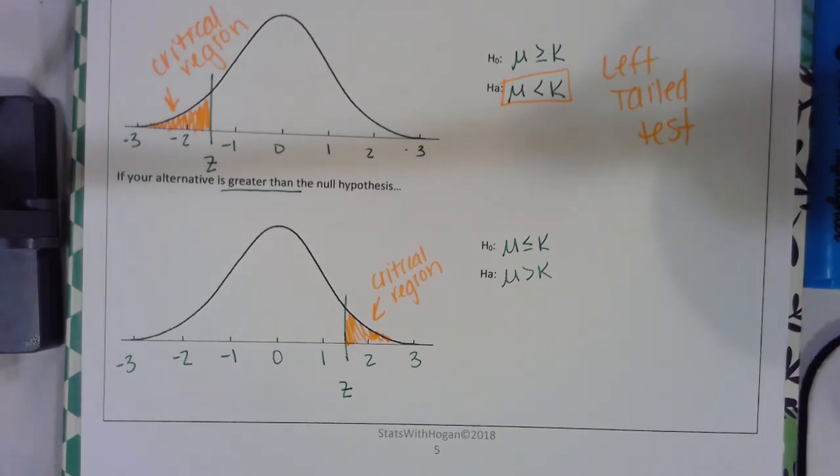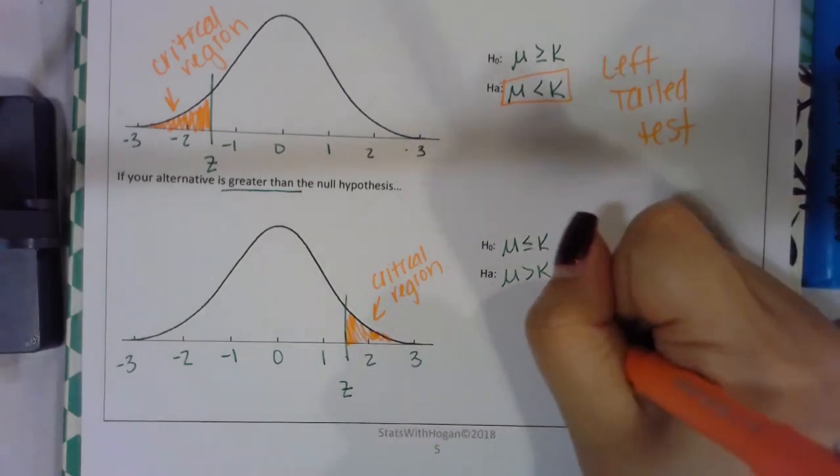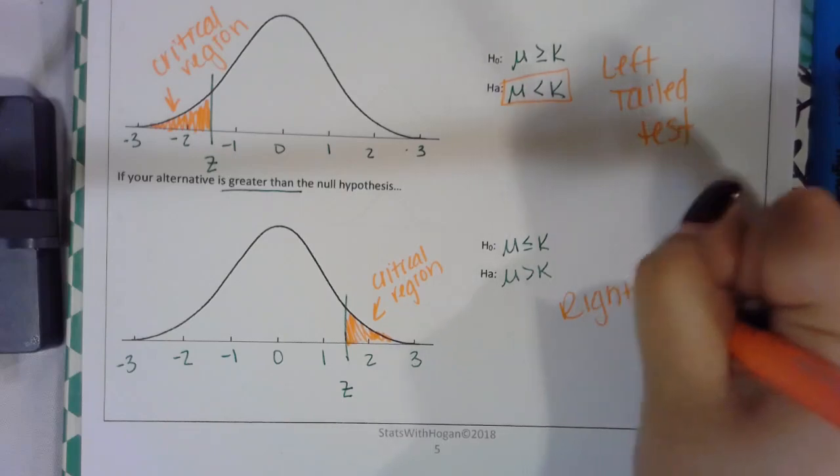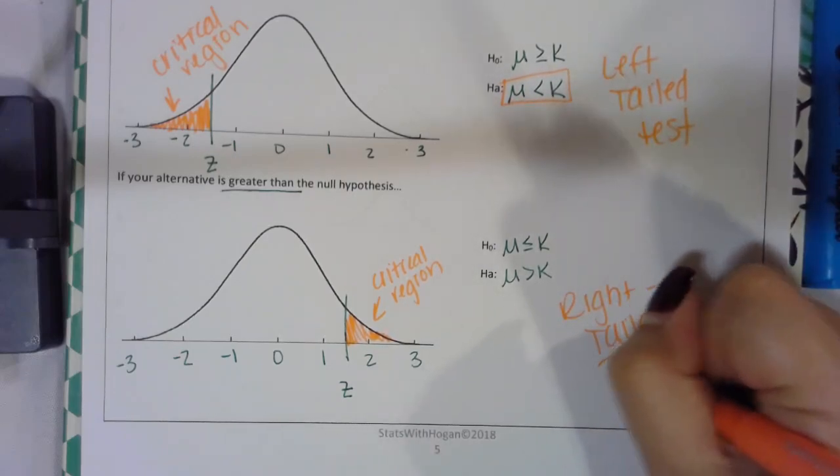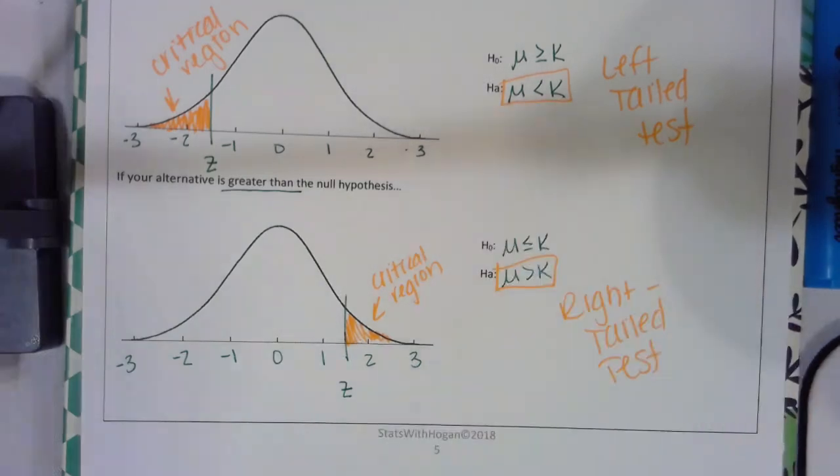And if I just gave you the shaded picture, you should be able to say that since this right corner is shaded, this is a right-tailed test. And we want this bottom one because these two match. You're saying that you shaded the region greater than this number, which over here we have written as z, but over here I have written as k.